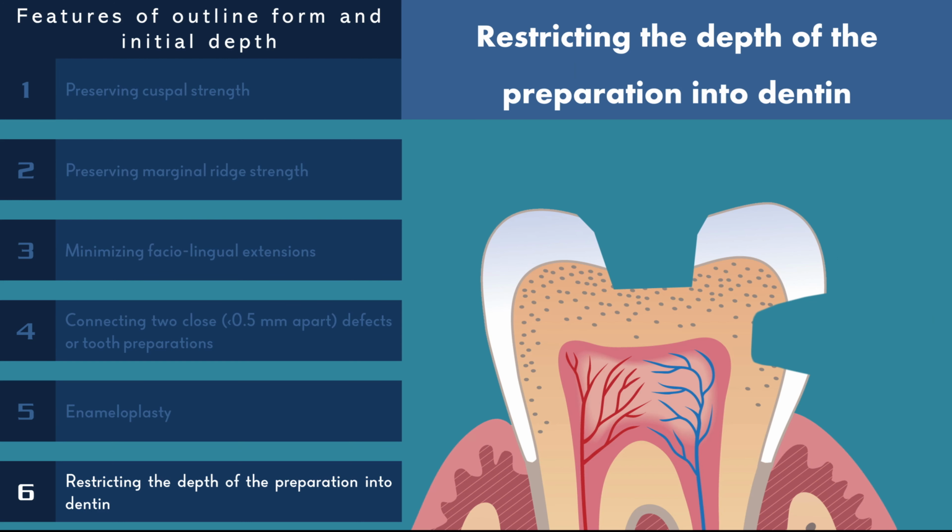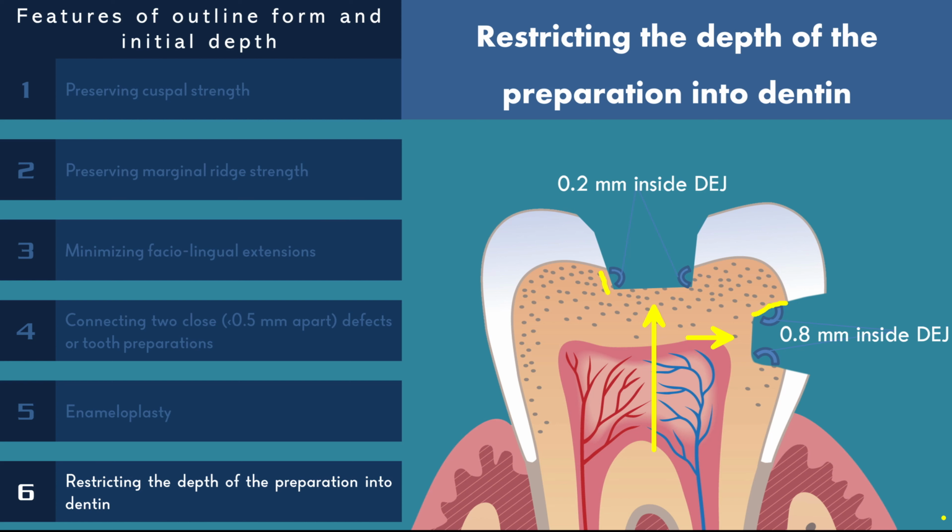The last feature in the outline form and initial depth states that we should restrict the depth of the preparation inside dentin. For a pit and fissure caries, the depth should be restricted to 0.2 mm inside the dentino-enamel junction, and for a smooth surface caries, the depth should be restricted to 0.8 mm inside the dentino-enamel junction.